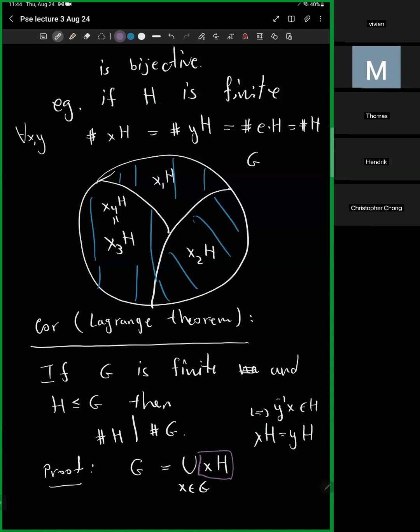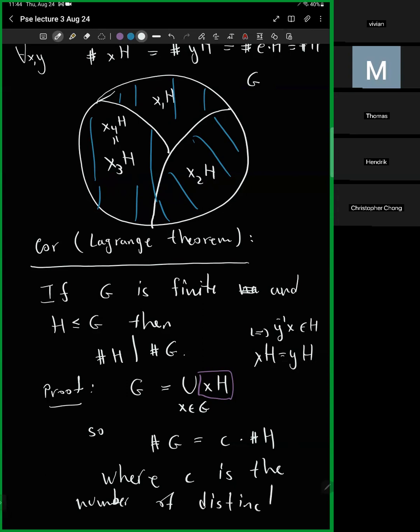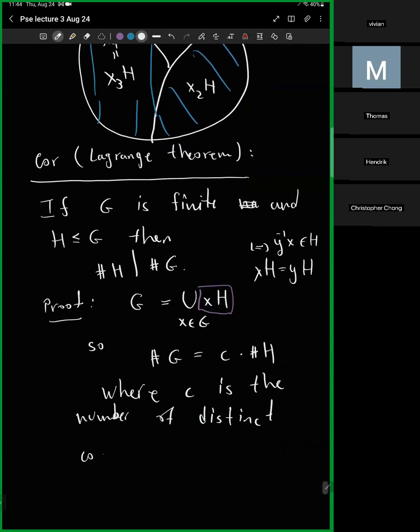So I get that the number of elements in G is some C times the number of elements in H, where C is the number of distinct cosets xH.